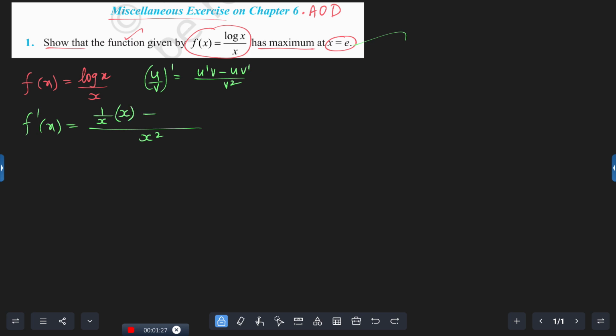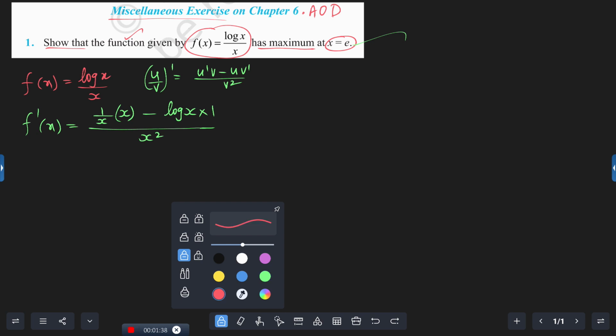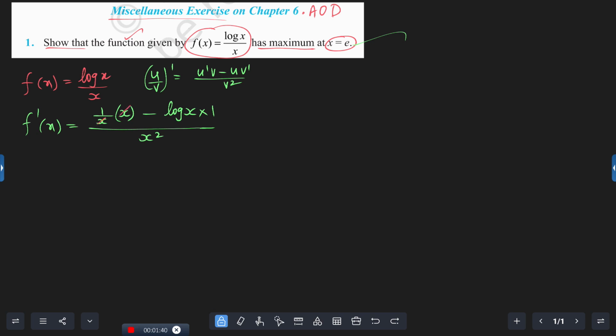Minus u, log x, into v dash, the derivative of x, which is 1. Simplified, in the numerator and denominator x is cancelled. Then 1 minus log x divided by x square is our required f dash of x.